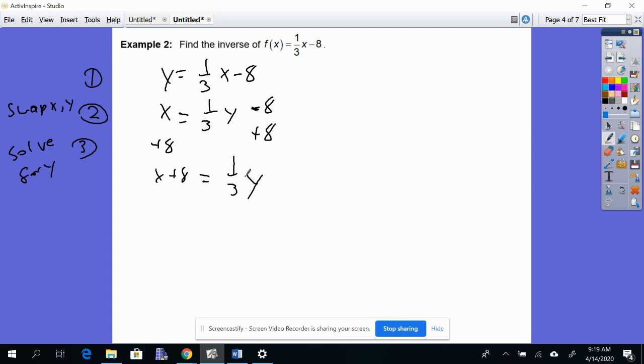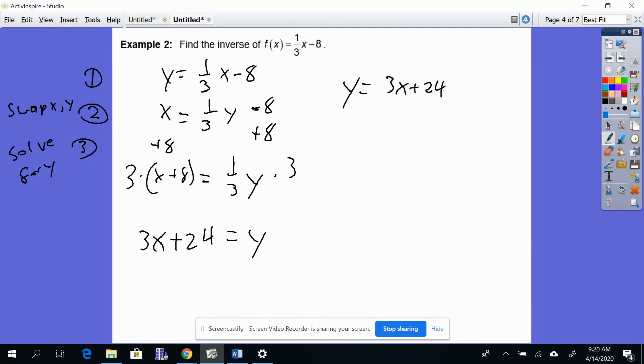Okay, the reciprocal of 1/3 is multiplying by 3. So I'm going to multiply this side also by 3. And I get 3x plus 24 equals y. Okay, now I can just move those, that's fine. So y is equal to 3x plus 24.